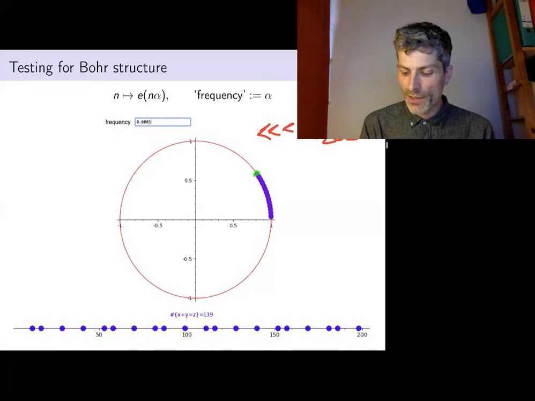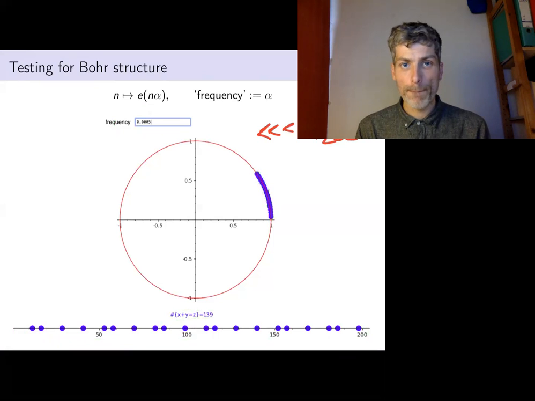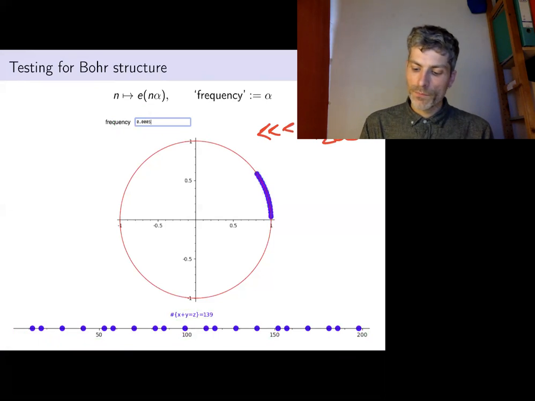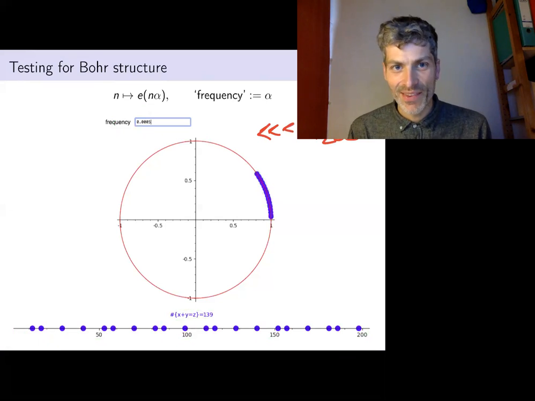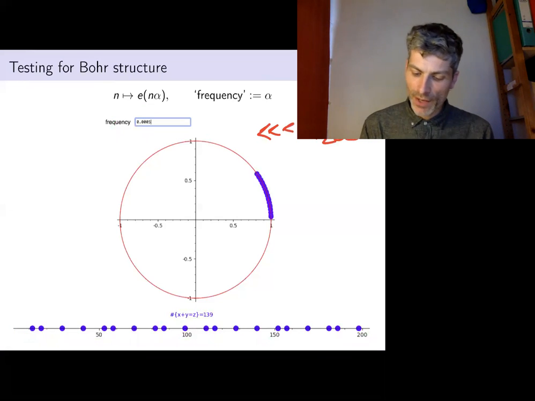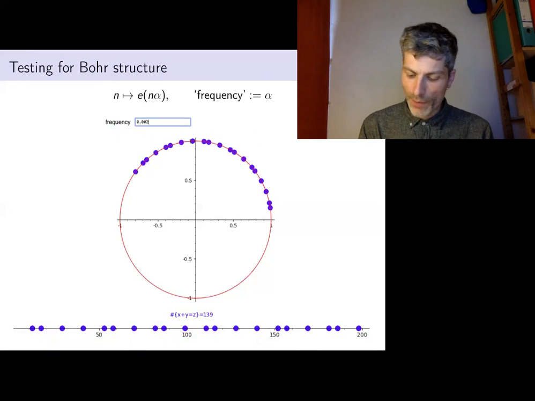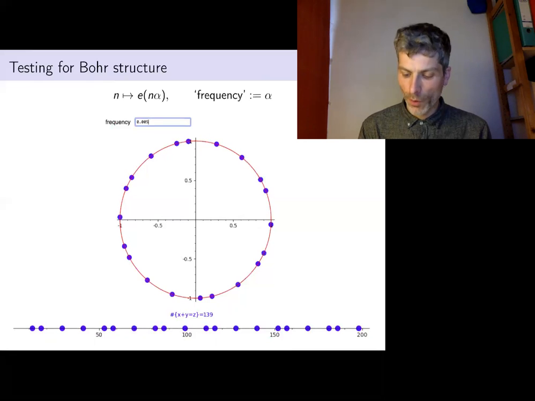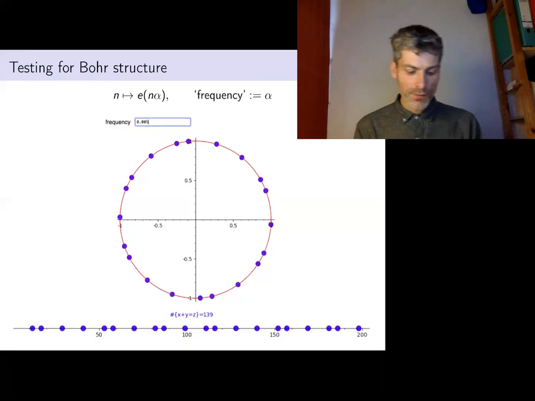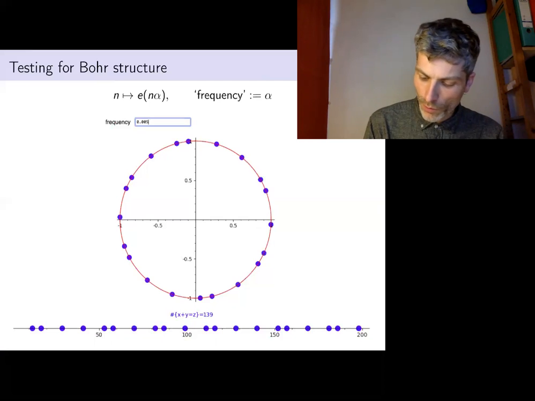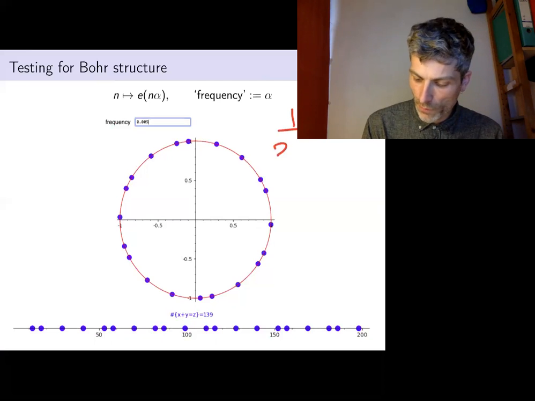Now they might be distributed in these arcs in different ways, but they're always constrained to this initial arc. So you might always look like a Bohr set at these low frequencies. So we need to get up to a frequency where we can go all the way around the circle. Okay, and the first frequency at which we can travel all the way around the circle is 1 over 200.